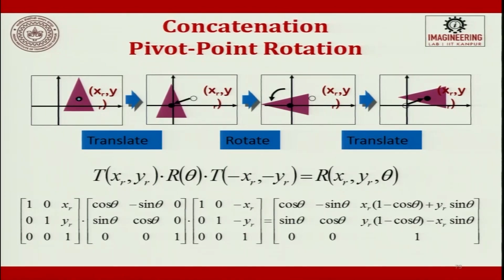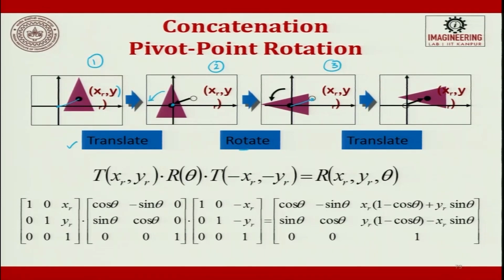So, first we move the pivot point to the origin. That is translation. After it is moved to the origin, we rotate it. That is the next step, and after it is rotated we translate it back to the point. This is the first step, this is the second step, and this is the third step.